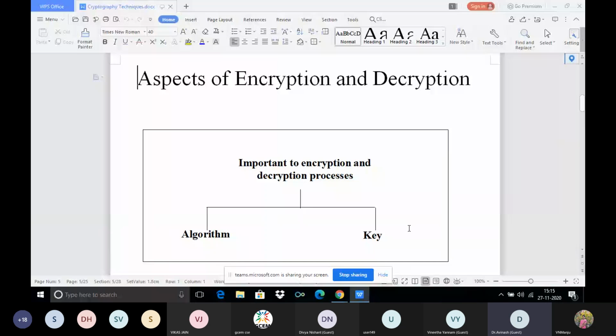For example, earlier I told you whether you apply the AES algorithm, advanced encryption standard, or the DES algorithm or any other encryption algorithm. That is the first aspect, and the key which you are generating is the second aspect. Both are important for the encryption and decryption process.